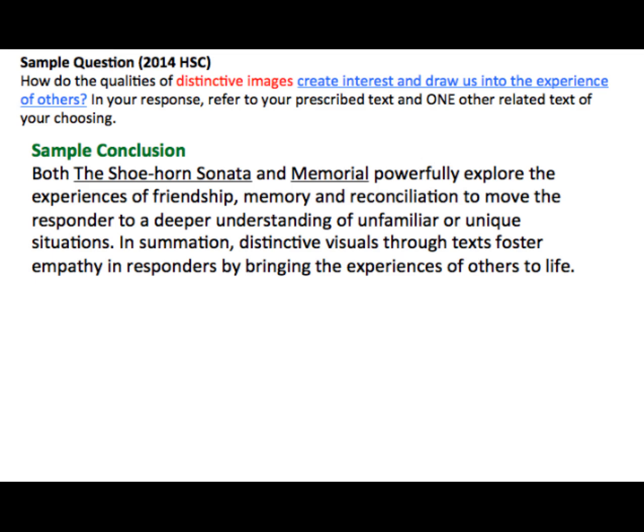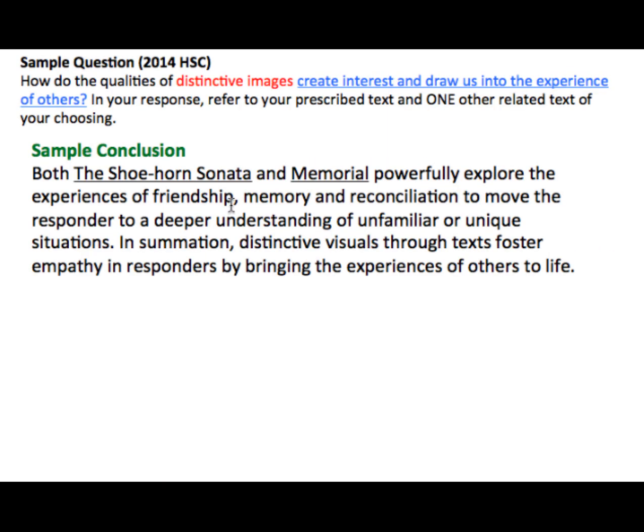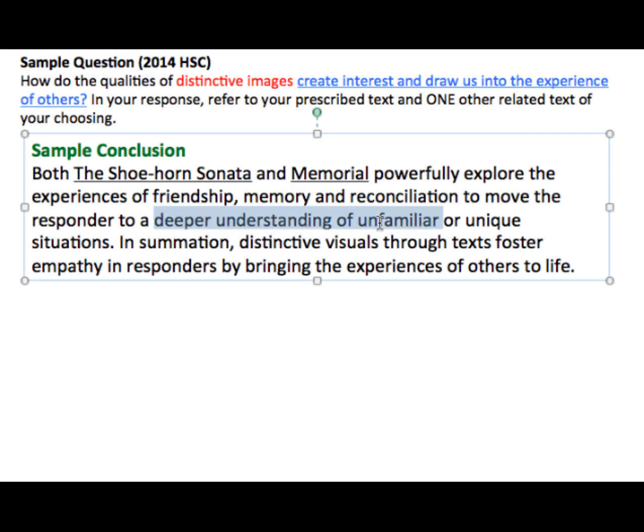But if you've got the time to sum it all up into two sentences, you'll do it with the following structure. You restate the major themes that were discussed in the essay, and then you restate the thesis statement again. So you'll see here that I talk about the major themes: friendship, memory, and reconciliation, that they move us to a deeper understanding of unfamiliar and unique situations.